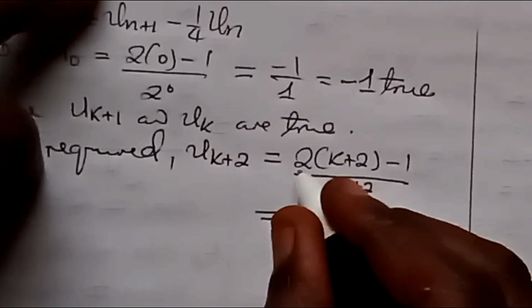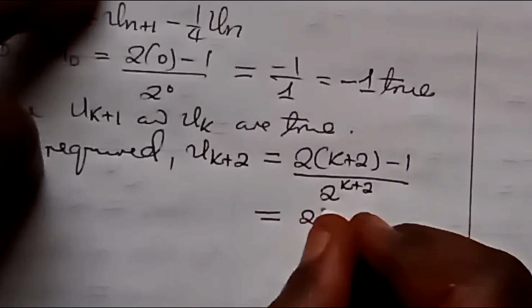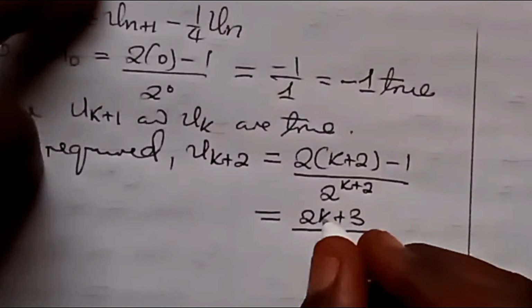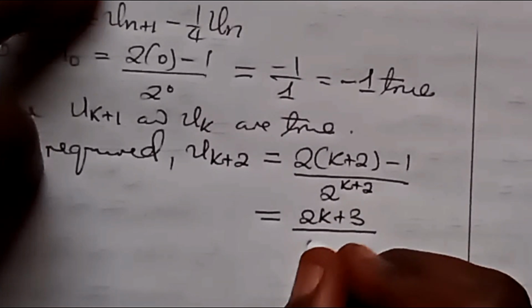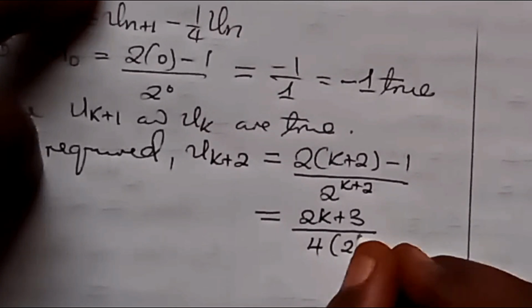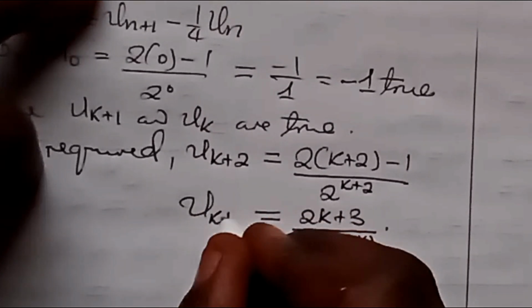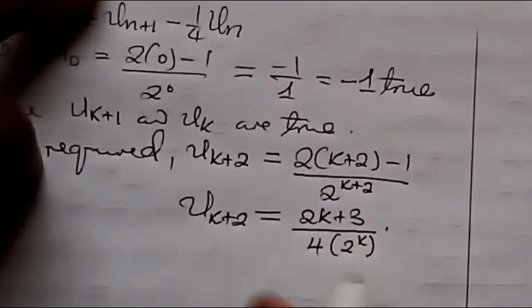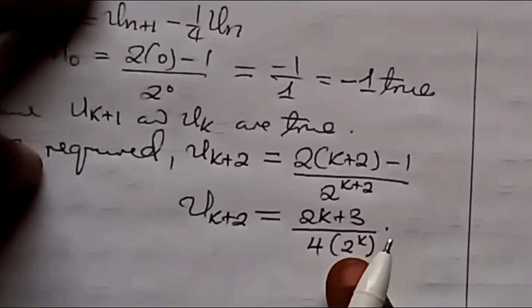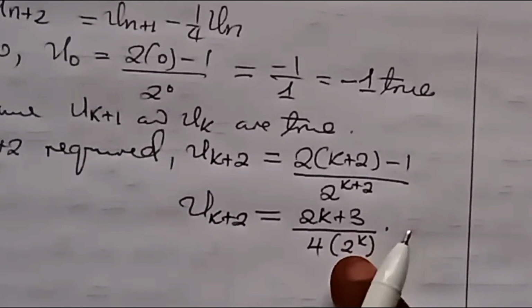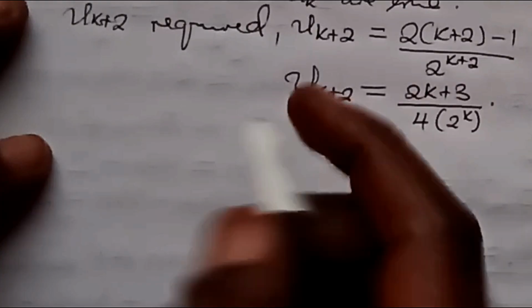That gives 2k plus 4 minus 1, 2k plus 3 all over 2 to the k plus 2, which gives 4 into 2 to the k. So this is what we're expected to prove. If we arrive at this expression at the end, it means we have successfully proved that uk plus 2 is true, and therefore un will be true.